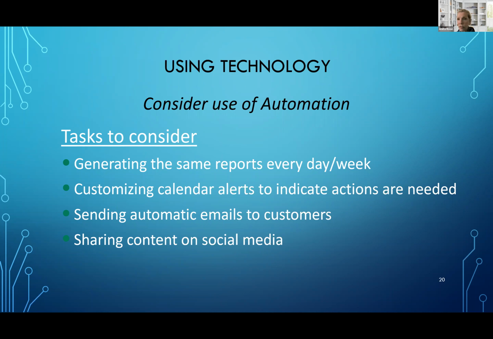Set calendar alerts, doesn't matter what type of business that is, that can be done on a regular basis. And sending automated emails to customers, having them set up, ready to go on a regular basis, sharing content on social media, that can also be automated and should be done on a regular basis.